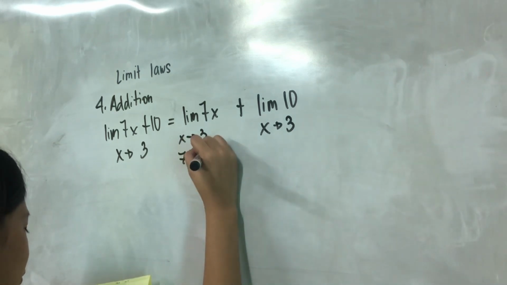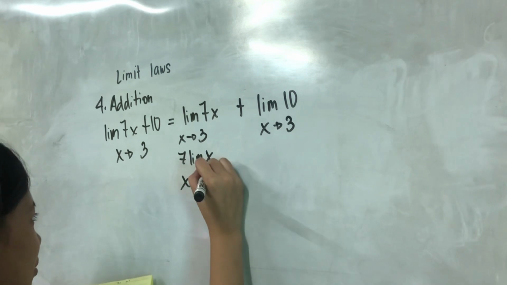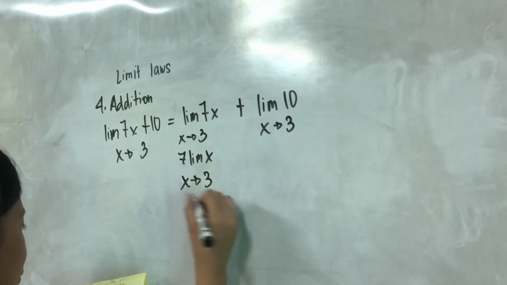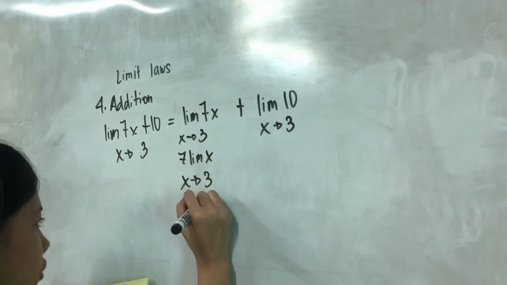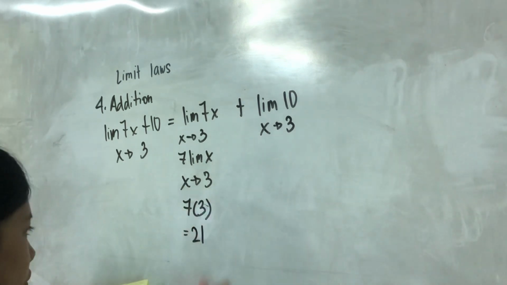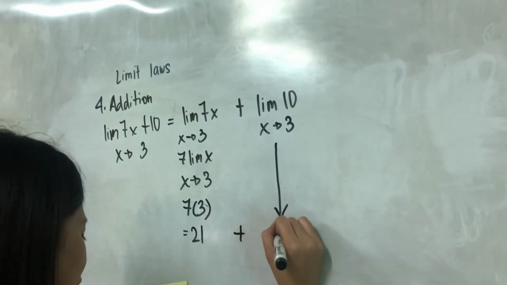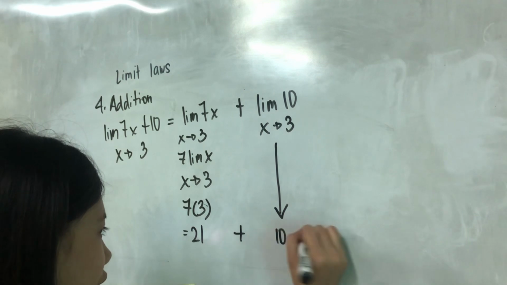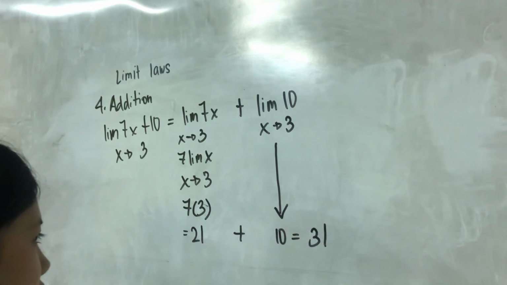In limit 7x, you need to substitute the x with 3 and then multiply it by 7, which will be equal to 21, and then add the limit of 10, which will be equal to 31.